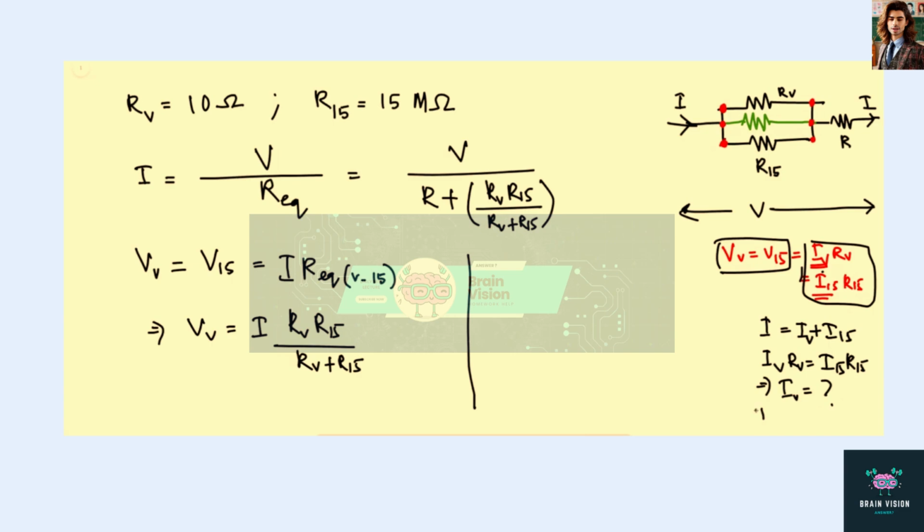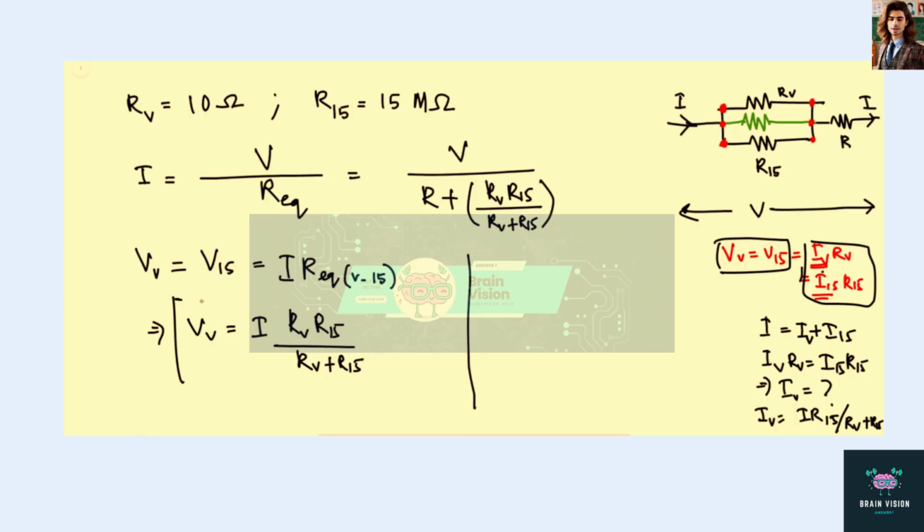Your IV will come out to be I times R15 over RV plus R15. Then you plug this expression of IV next to RV, and ultimately you'll see that this is the same as this expression. So it doesn't really matter how you choose to go; whatever you feel comfortable with, you can choose that.